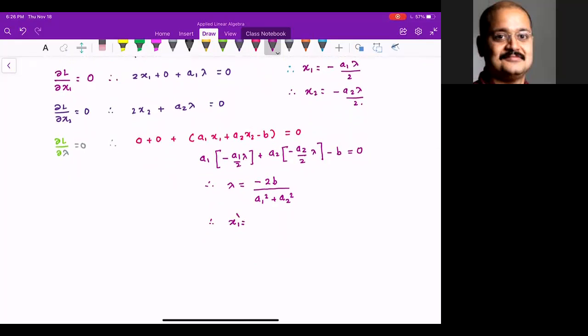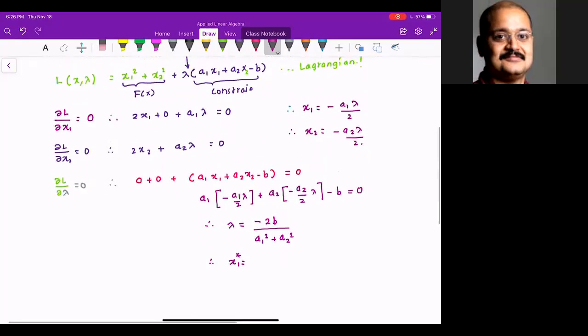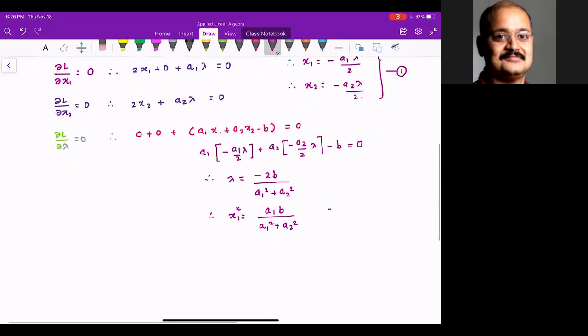And with that, you can find out the value of x1. So this x1 is x1 star, from equation 1. This becomes a1 b divided by a1 square plus a2 square, and then you get x2 star is equal to a2 b divided by a1 square plus a2 square.